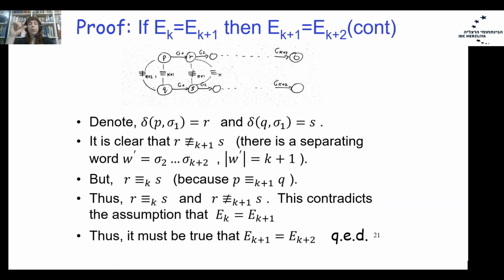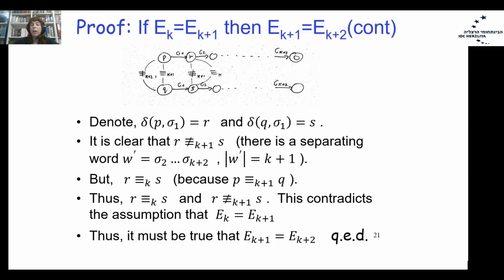Let's move from P on the first letter sigma 1 to some state R, and from Q on the first letter sigma 1 to some state S. It is clear that R is not K plus 1 equivalent to S. There is a separating word W' of the suffix sigma 2, sigma 3, up to sigma K plus 2, and W' has length K plus 1.